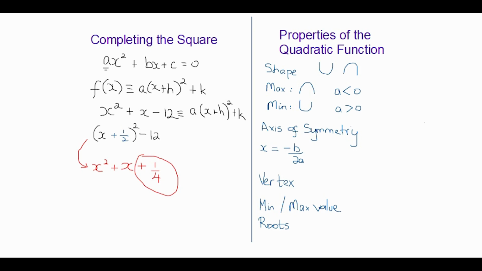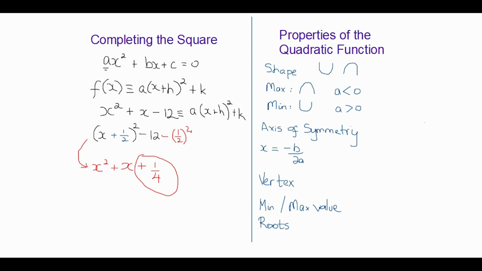So this is the reason why after writing the minus 12, the next thing we need to do is take away what we've introduced into this system. And what we've introduced is the square of the half that we've put in that binomial, and that's why we're going to subtract out minus a half squared. So when we simplify this half squared, we'll get that 1/4 and be able to remove it.